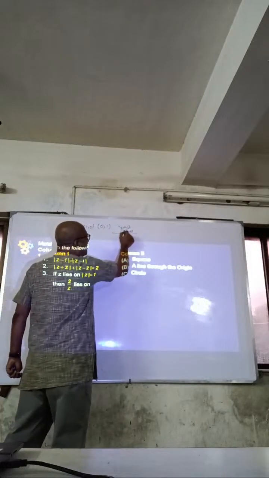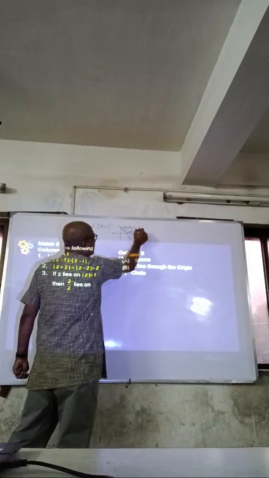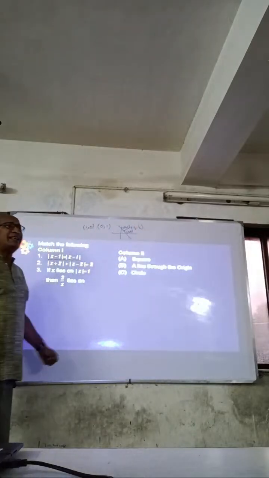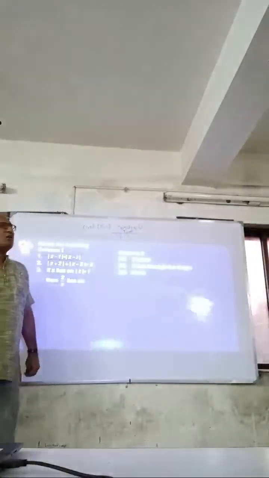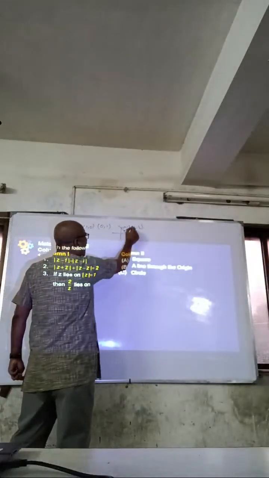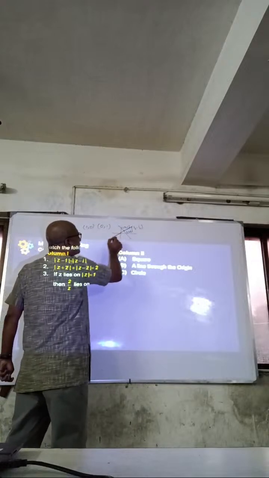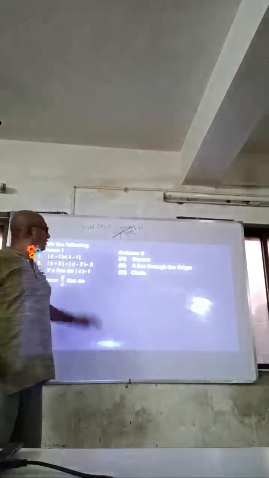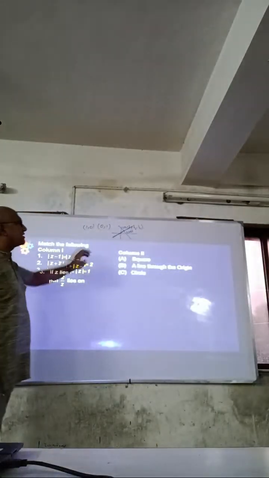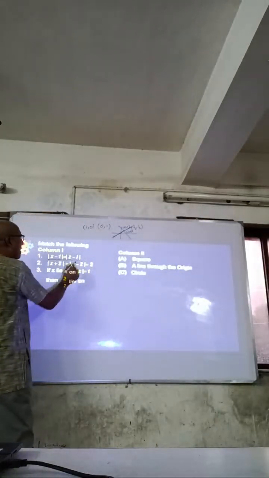What is this point? Half comma half, right? Half comma half lies on which line? Y equals to x, passing through the origin, you said. Therefore the equation of the line is nothing but y equals x. Can you get the point? Absolutely. So this represents a straight line passing through the origin. So 1 will be matched with b.